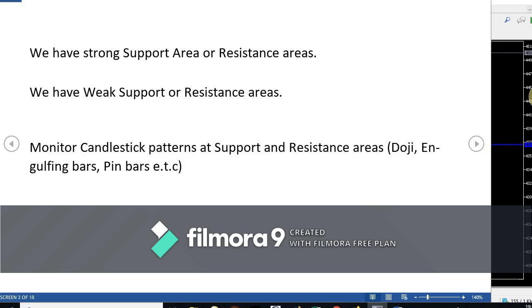Is it a doji candlestick pattern, or the engulfing bar candlestick pattern, or the pin bar you can spot at that area before you come to a conclusion that this is going to be a support or this is going to be a resistance area?